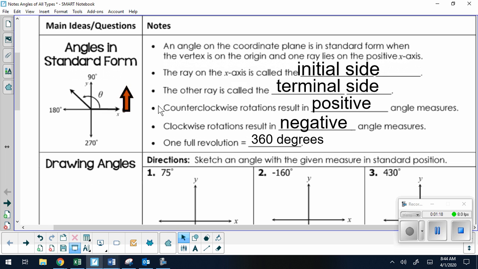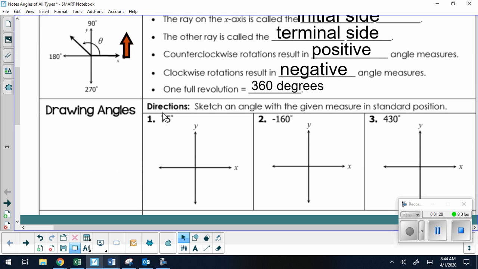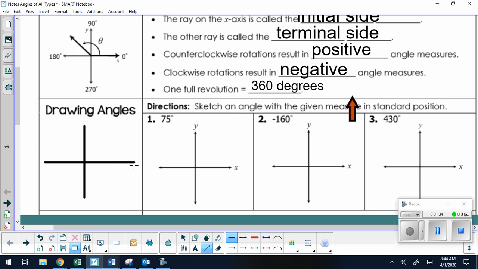Now, we're going to talk about drawing angles. So here we have 75 degrees, negative 160, 430. We're going to talk about drawing these angles, but let's talk about a couple of things first. So on your coordinate axes, we're going to have what I call the four corners.